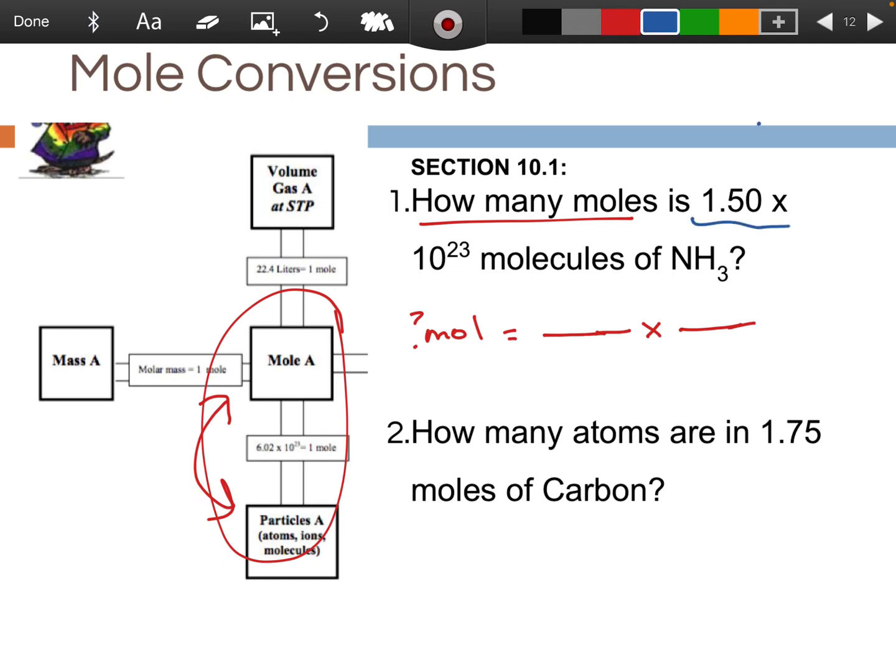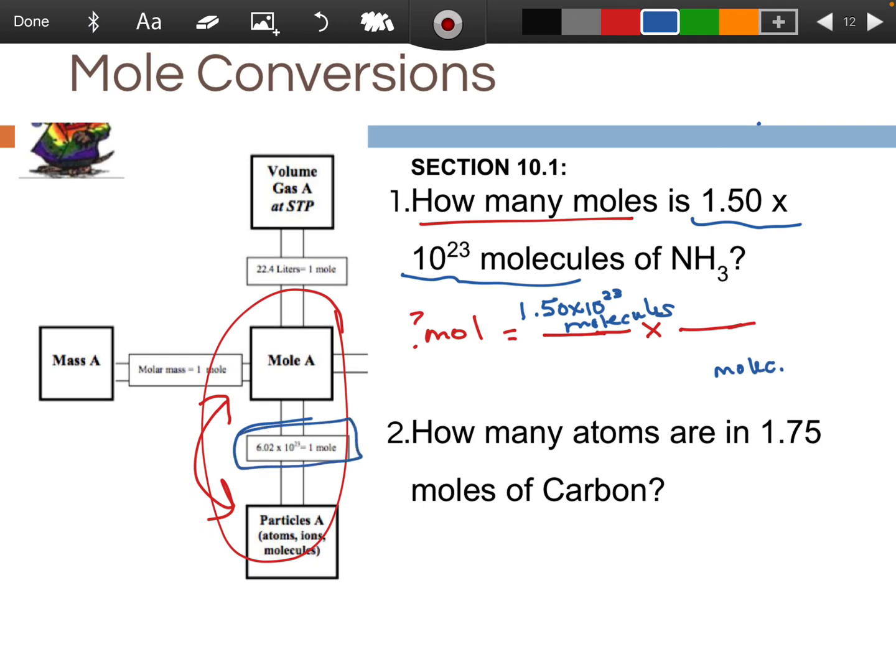All right, so the number given in the problem is 1.50 times 10 to the 23rd molecules. Yikes, I should have made that a little bigger. Because we're starting with molecules up top, we need molecules to cancel out. So molecules is going to go on the bottom of the next step.